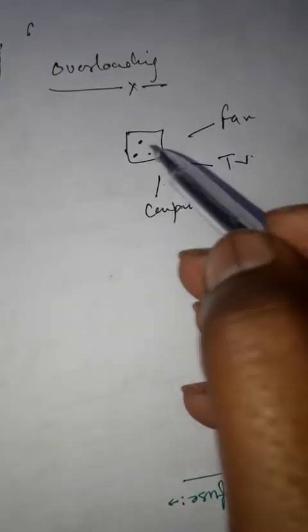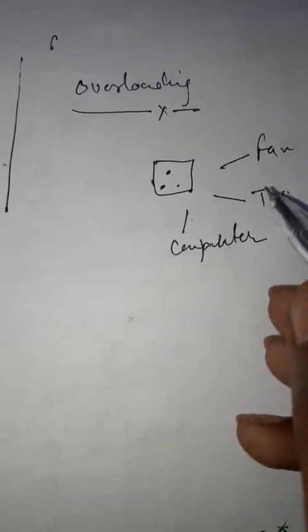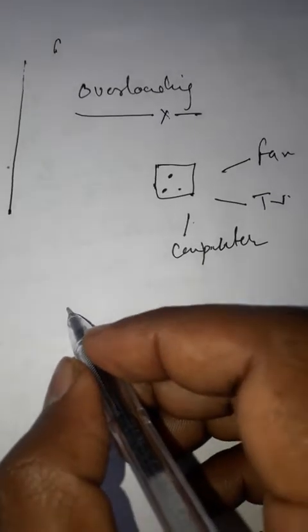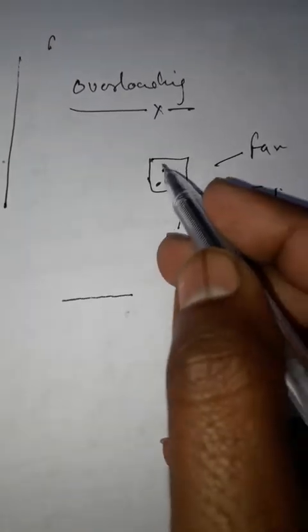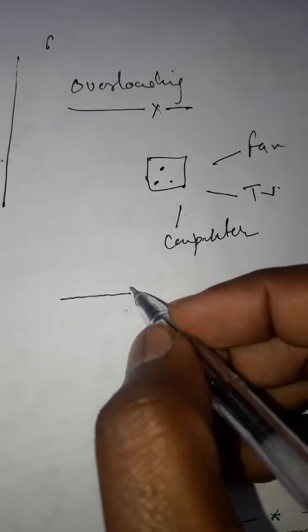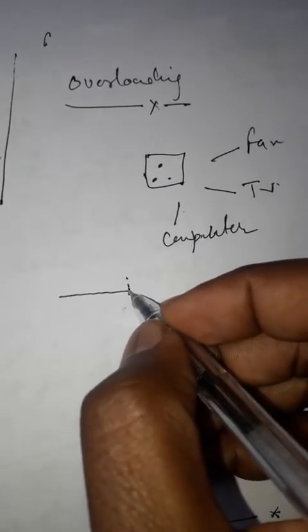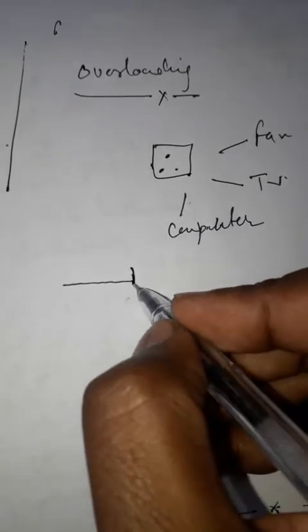How does this affect our circuit? Let us discuss in detail. Say for example there is a wire which comes to this socket, and first of all one device is working.